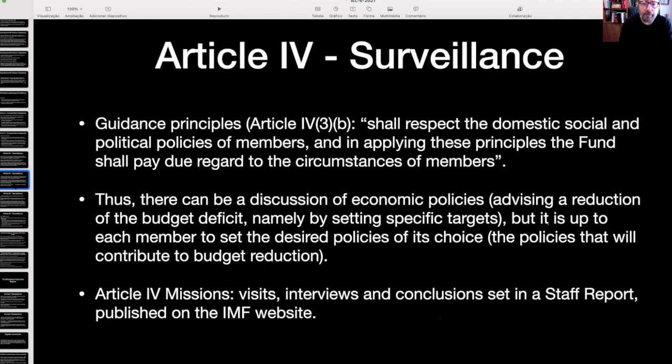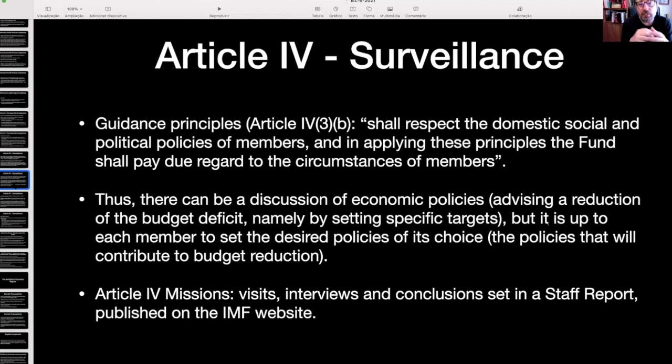Okay, so on the one hand, and I mentioned earlier in chapter 3, because of this, the idea that domestic economic policies are essentially a matter of the reserved domestic domain, that other countries cannot dictate to us which economic policies we pursue, or if we have a policy that is more generous on social rights or less generous, that there's no right on other members to question those economic policies.